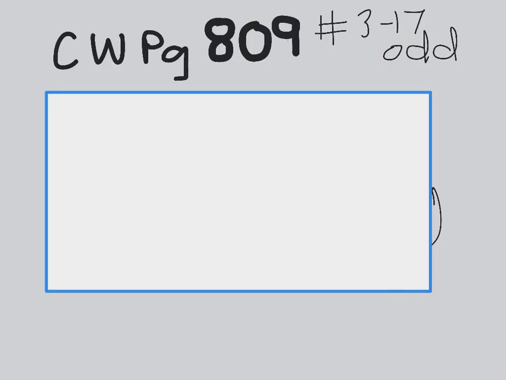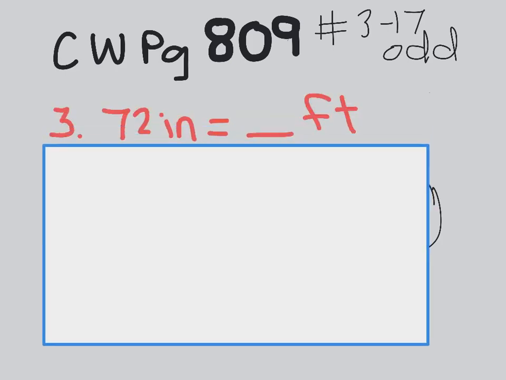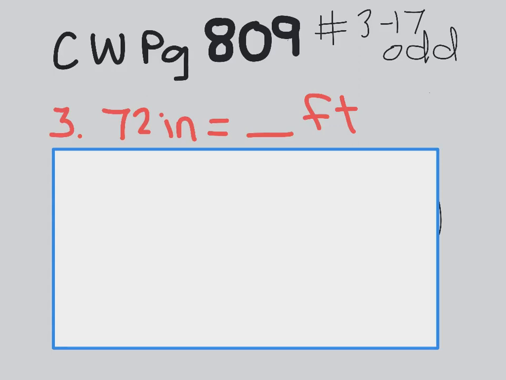Now, today's classwork is going to be page 809, numbers 3 to 17 odd. And this is an example of how I would expect to see it written in your notebook. Question number 3. Write down the question. 72 inches is blank feet.